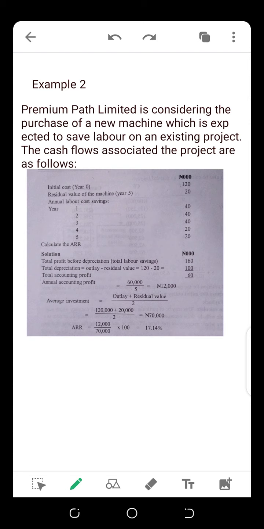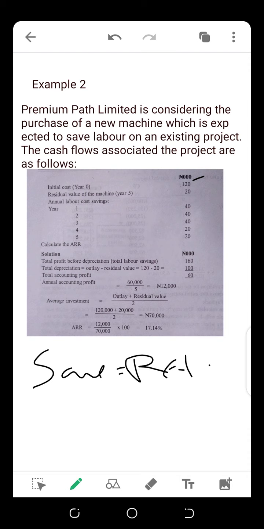Annual labor cost savings, which is the return that they have. Don't forget that savings is also known as returns. Right, don't forget that. Year 1, we have a return of 40. Year 2, 40, 40, 20, 20.